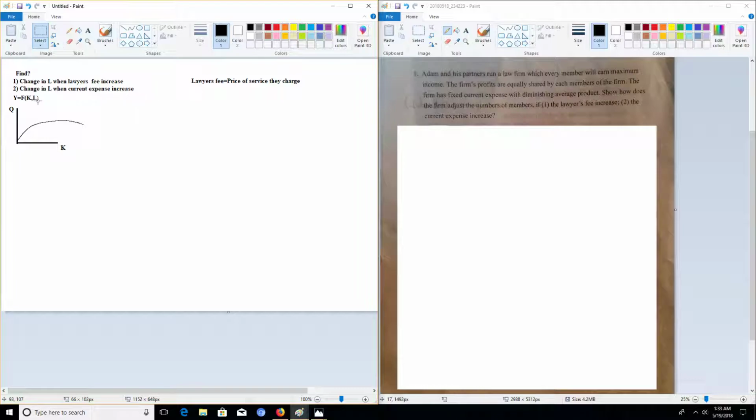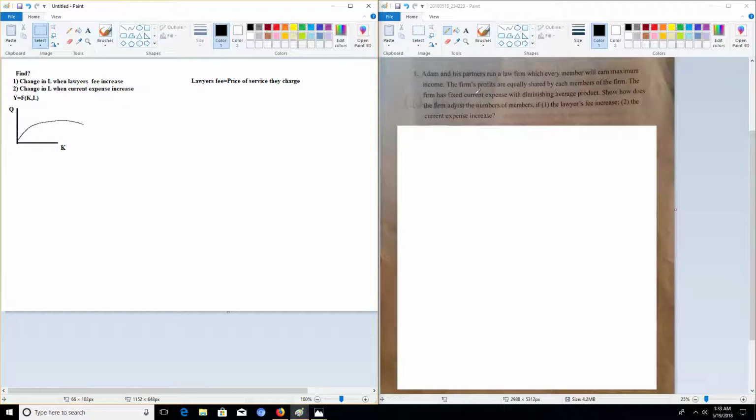The input here is going to be capital, so it's saying this right here. See, output versus capital, it's diminishing as capital increases. Output is increasing at a decreasing rate, I think is appropriate to say.